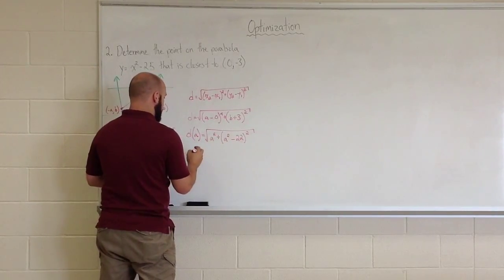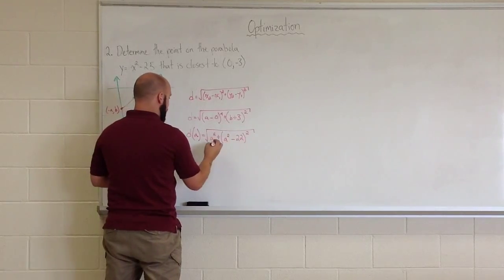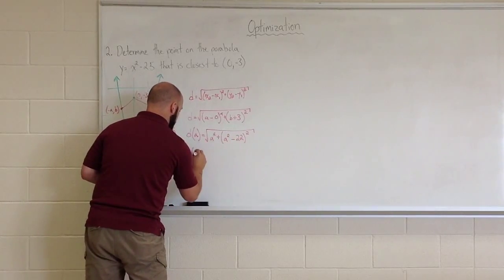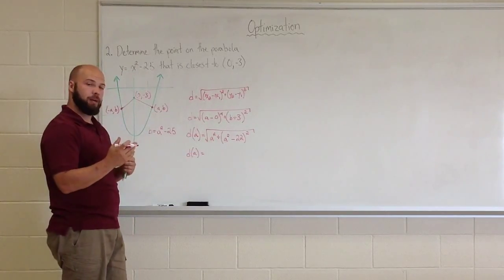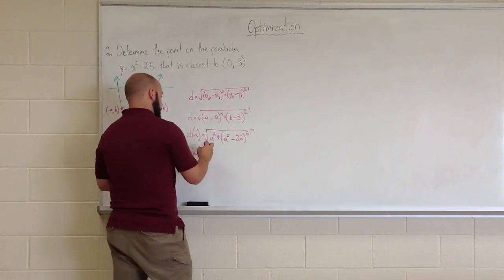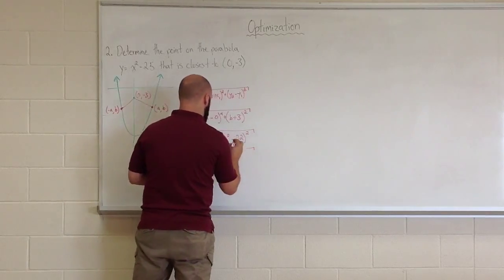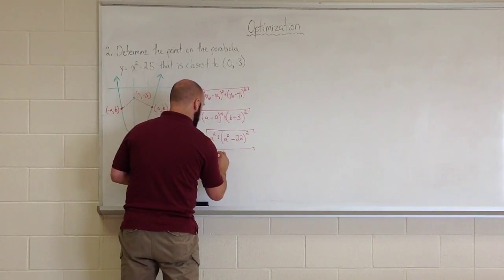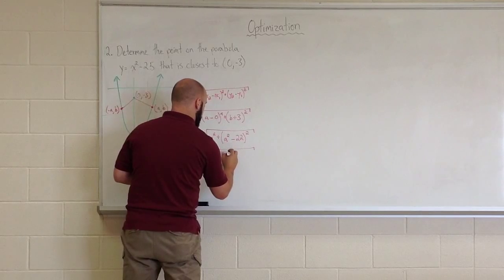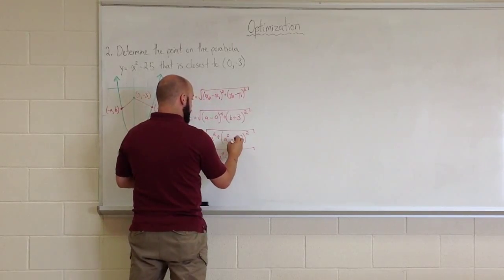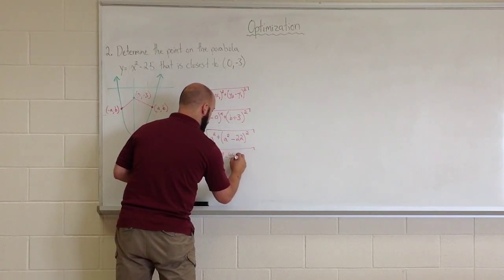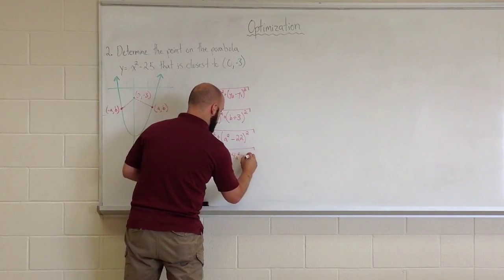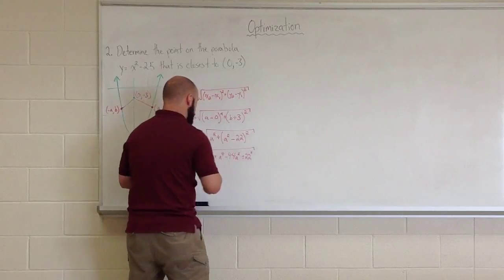Let me expand what's in this bracket here. We're going to have d as a function of a. I'm going to expand this before I take the derivative because it will make it a much easier derivative. The square root here of a squared plus a to the 4 minus 44a squared plus 22 squared.